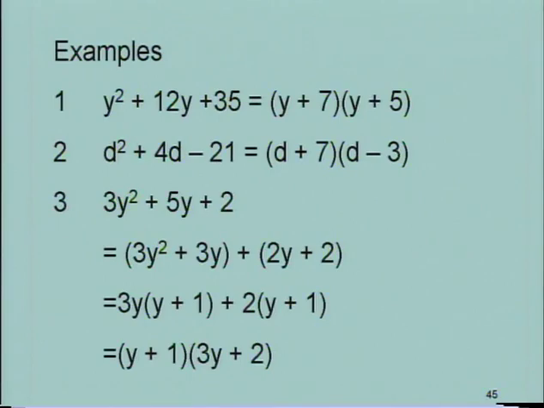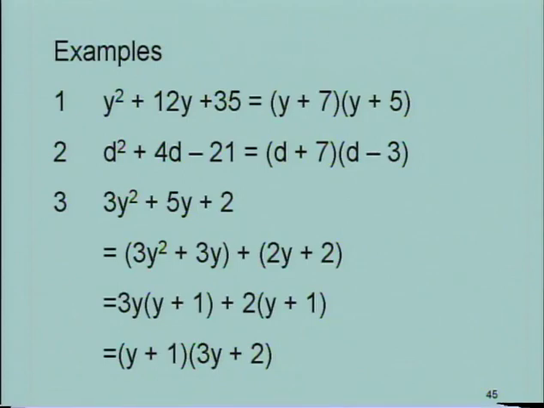And when we add 3 and 2, we'll get that middle term 5. So we can rewrite the three-term expression as 4 terms. That is, we write 3y squared, which will remain 3y squared, and we rewrite 5y as 3y plus 2y, the 3 and the 2 obtained from the factors of 6. And the last term of that three-term expression is 2.